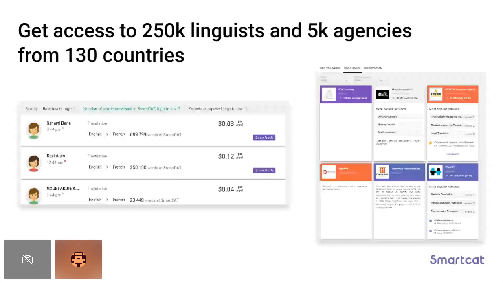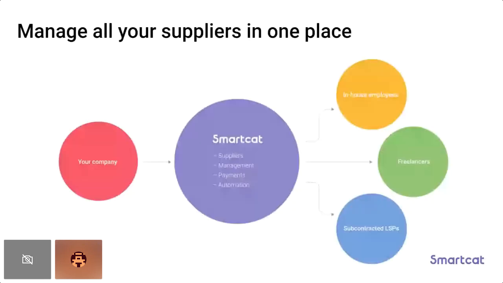Now, you can manage all your translation needs in just one application. It's really one of the advantages of Smartcat. Your linguistic assets, all your projects, all your employees, all your freelancers, all the LSPs that you've hired.